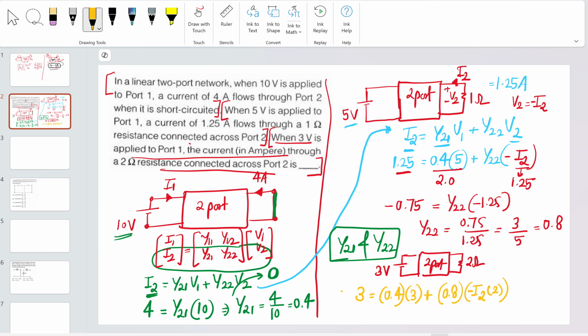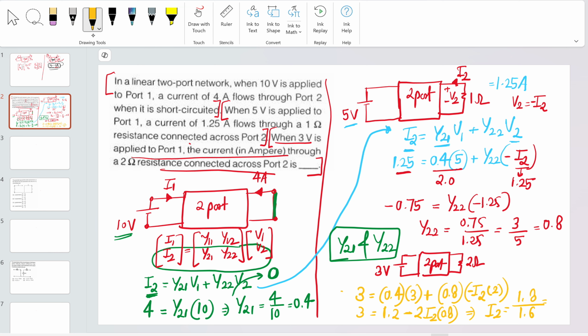Let's find it out. It is equal to 1.2 minus 2 I2 times 0.8. What will be the value of I2? We will get 1.8 divided by 1.6 basically.